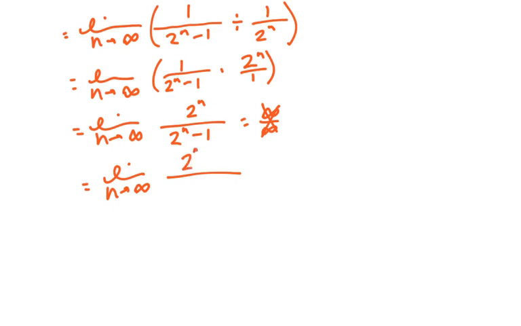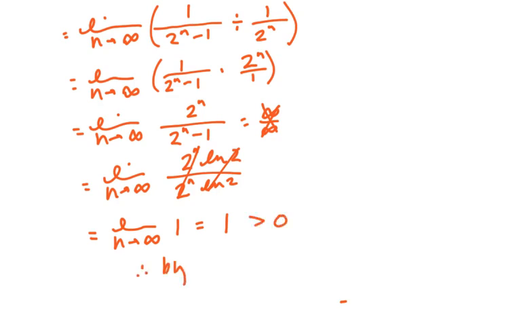So the derivative of the top, the derivative of 2 to the n, is 2 to the n ln of 2. And the derivative of the bottom is 2 to the n ln of 2. And those cancel because they match. So we have the limit as n approaches infinity of 1, because these cancel as well. So that limit is 1. By the way, this would be c. It's positive. It's greater than 0.